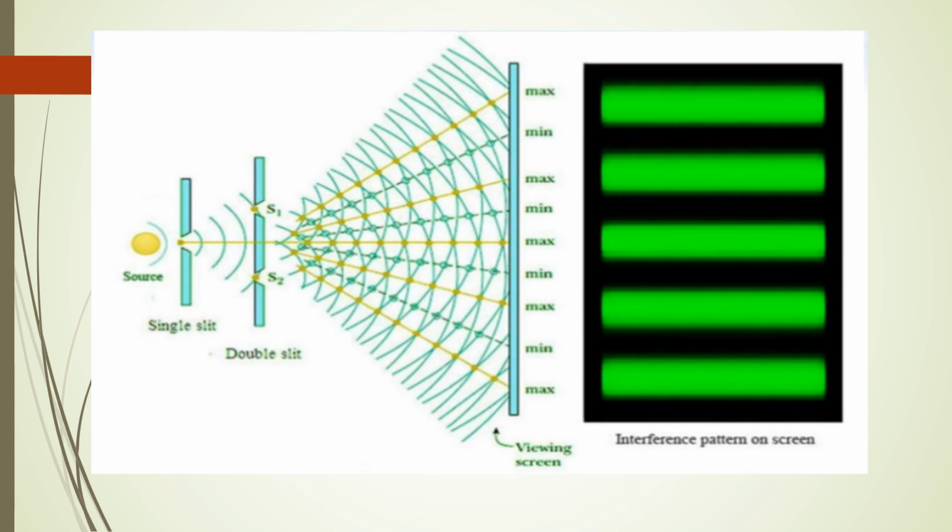This is a single slit S, and here we have two slits S1 and S2. The rays of light from S1 and S2, as a result of overlapping, lead to an interference pattern on the screen.